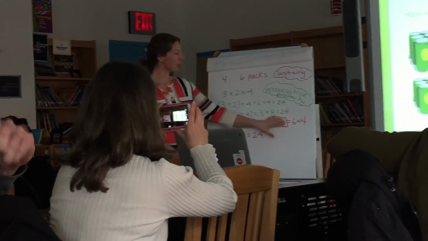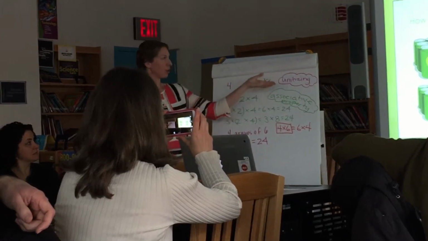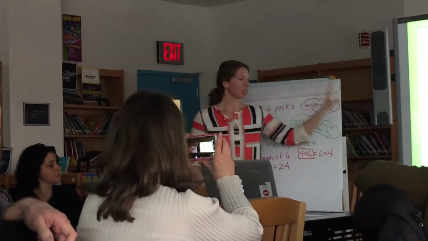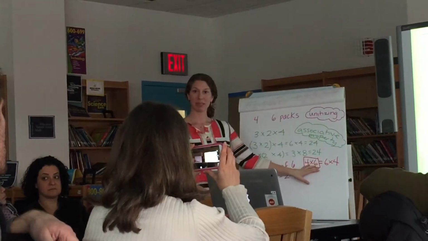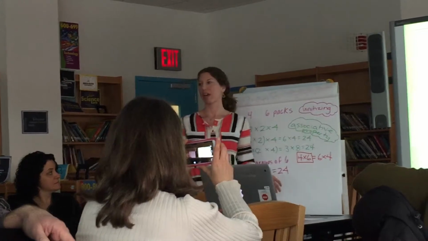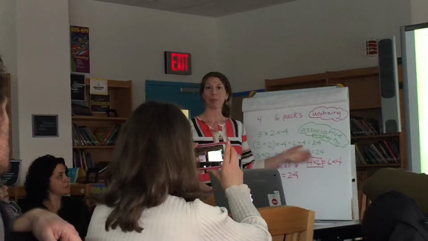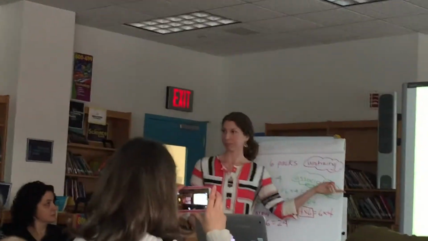So where the commutative property is going to help kids is if I could visualize a situation, like I can see that this is 4 groups of 6, but I don't know 4 times 6, but I may know 6 times 4, I can actually use that as my strategy. So the commutative property becomes a strategy for thinking about multiplication, even though it might not match the situation.